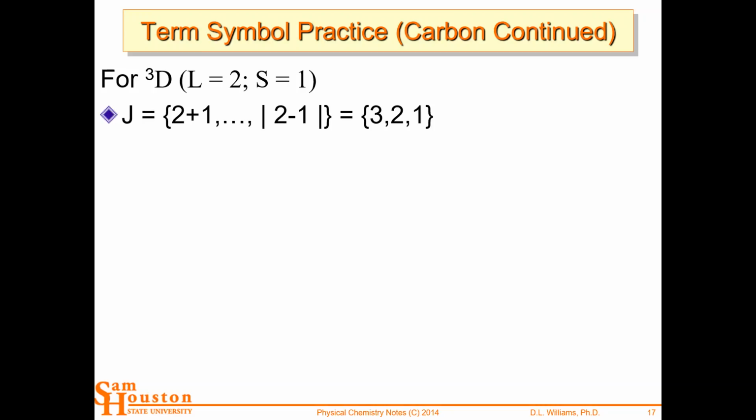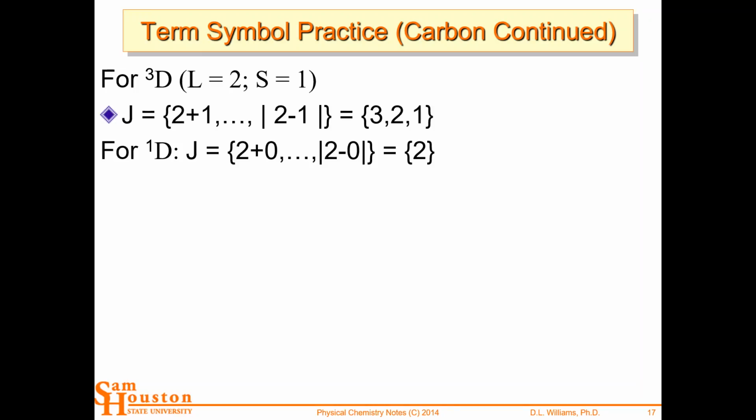So then the J values are 2 plus 1 down to 2 minus 1. So 2 plus 1 is 3, 2 minus 1 is 1, and you subtract 1 from the max until you get to the min. So 3 minus 1 is 2, 2 minus 1 is 1, so that's the full set. So we have then a triplet D3, a triplet D2, and a triplet D1.